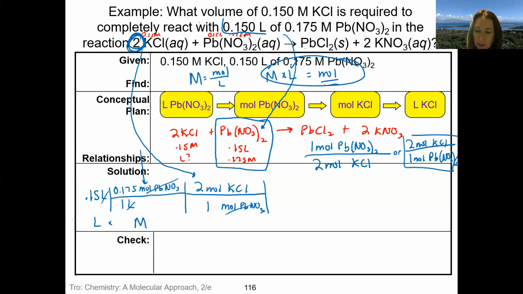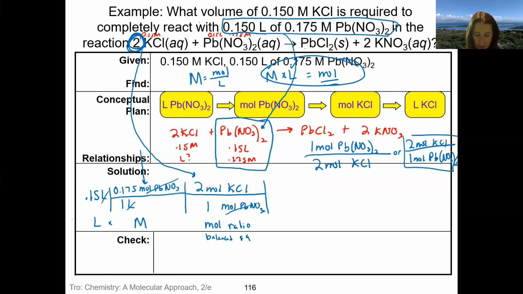And again, let me just put this here. This was Pb(NO3)2. Okay, so now we have moles of KCl. This is our mole ratio from the balanced equation. That's where we got this. I don't know why things keep disappearing on my screen.